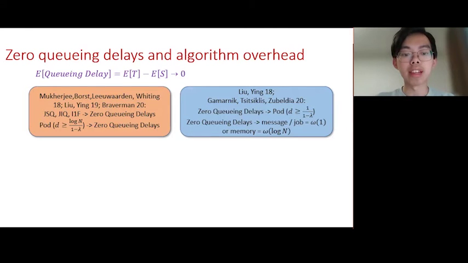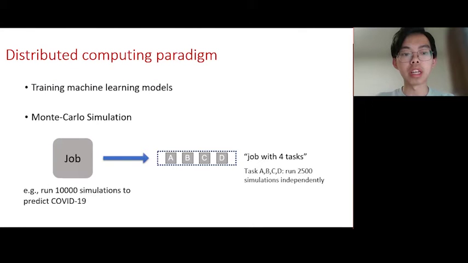However, for today's data centers, many jobs can indeed be distributed computed. Examples include training machine learning models with massive datasets or doing Monte Carlo simulations. Specifically, imagine that the government wants to run 10,000 simulations in order to predict COVID-19.